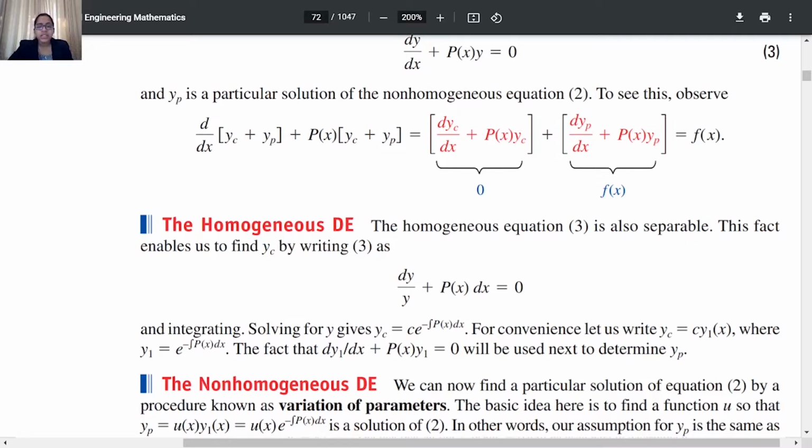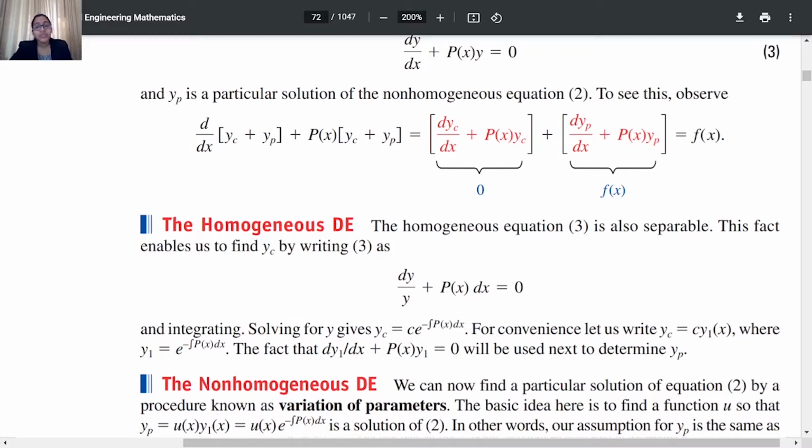Now we know how to solve the variable separable differential equation. You just have to integrate it. So solving this, we get the solution to be c into e raised to minus integral p of x dx. So the solution of the homogeneous equation is yc is equal to c into e raised to minus integral p of x dx.